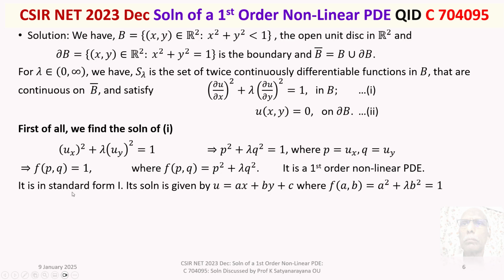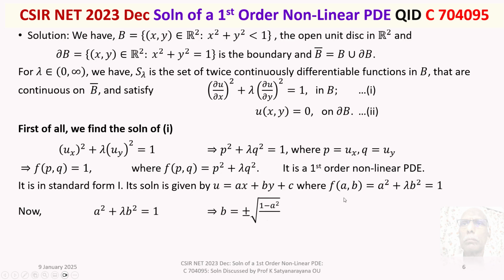Such forms are called standard form 1, and its solution is ready-made. u is equal to ax plus by plus c, where a and b are connected by f of (a, b), that is a square plus lambda b square is equal to 1. I am sure that you are familiar with the standard form 1 and its solution.